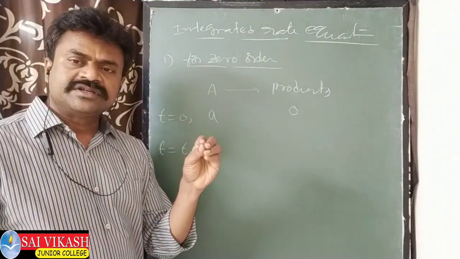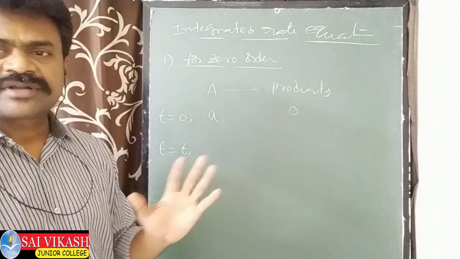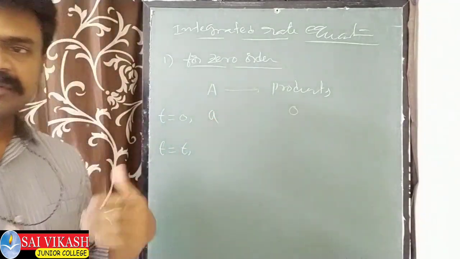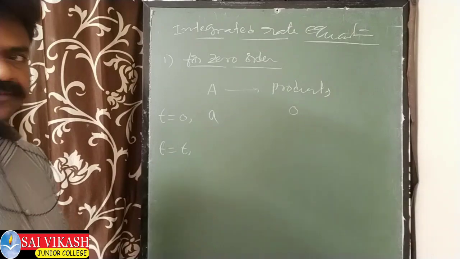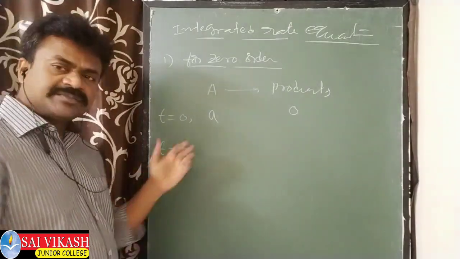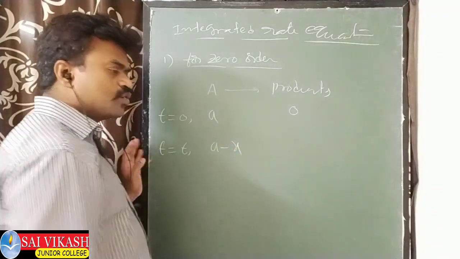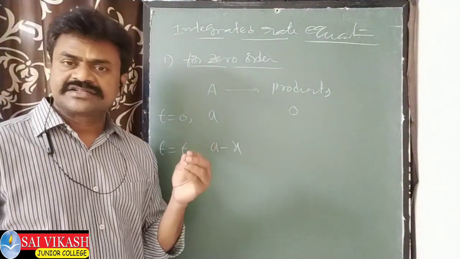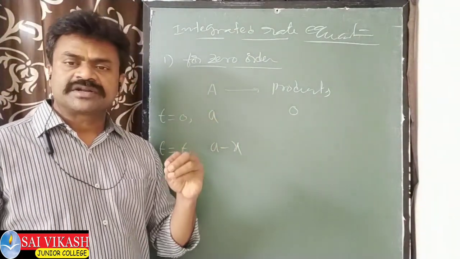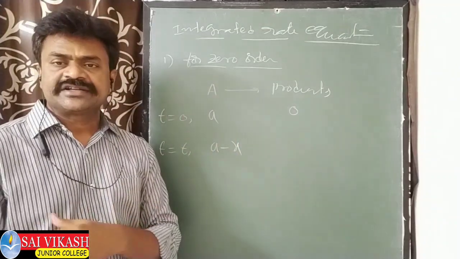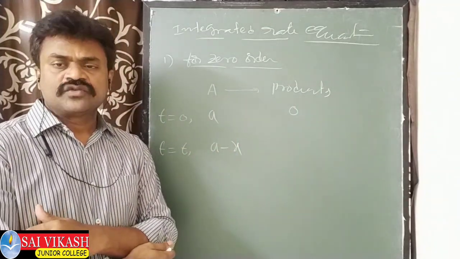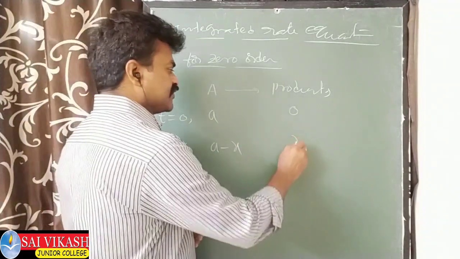So time is t there. Some time is going on. It can be minutes, it can be seconds or anything. So something is lost as products. See, from the a moles per liter, some x moles per liter is lost to form the products. So here x is formed.